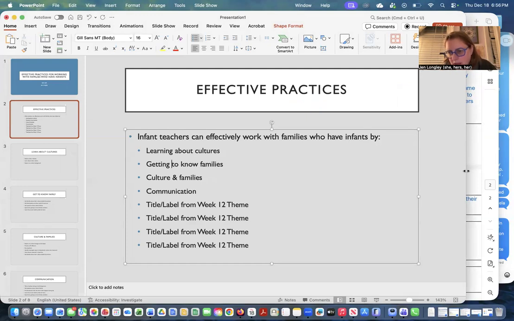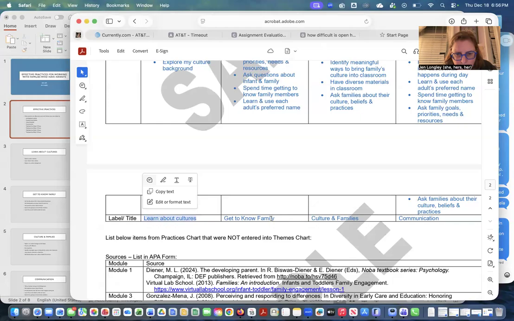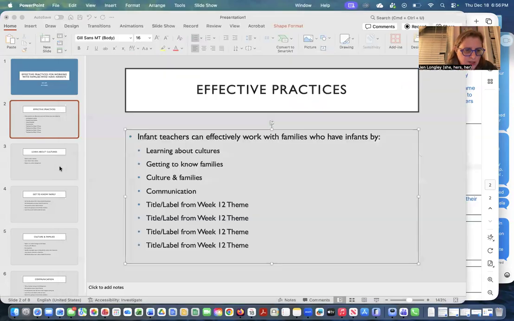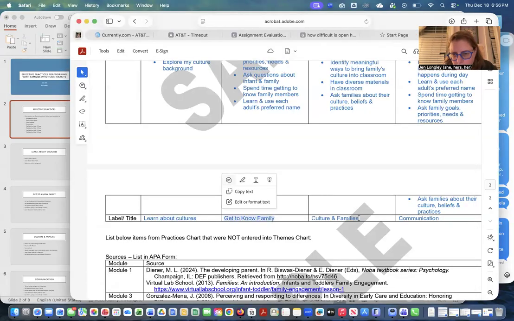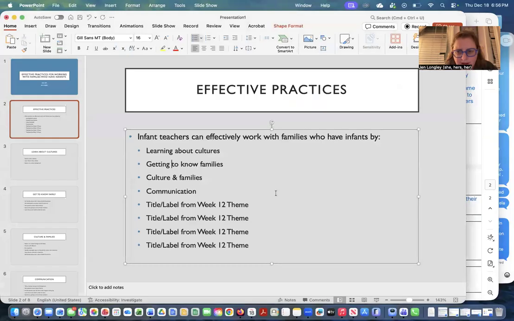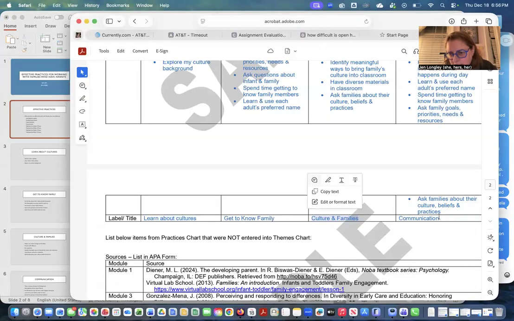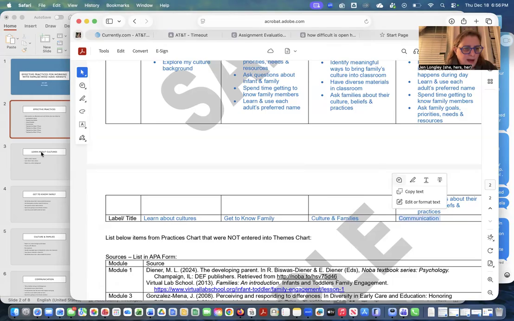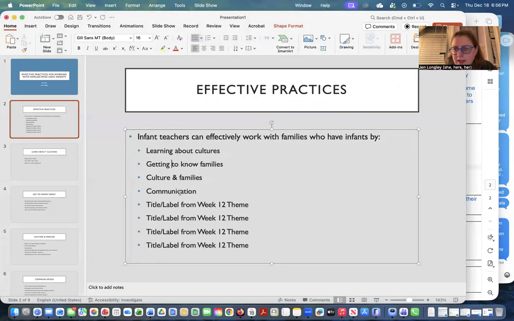And I have here get to know family. I changed that to getting to know family. Okay. Culture and families. And guess what? Culture and families. Communication. And I put that up here, communication. That's where it came from.